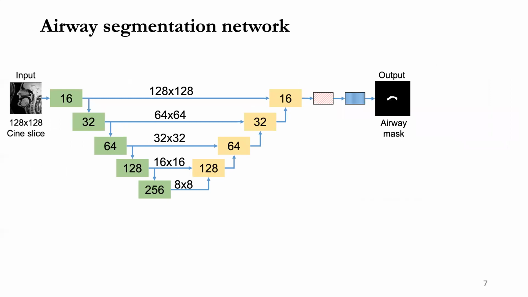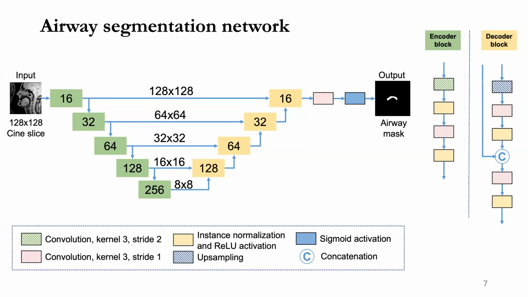Here, I will introduce the airway segmentation network. It's a 2D UNet architecture. The input to the network is the 128 by 128 Cine sagittal slice. The UNet architecture consists of 5 resolution levels. Here shows the details of the encoder and decoder. The initial feature number of the network is 16.